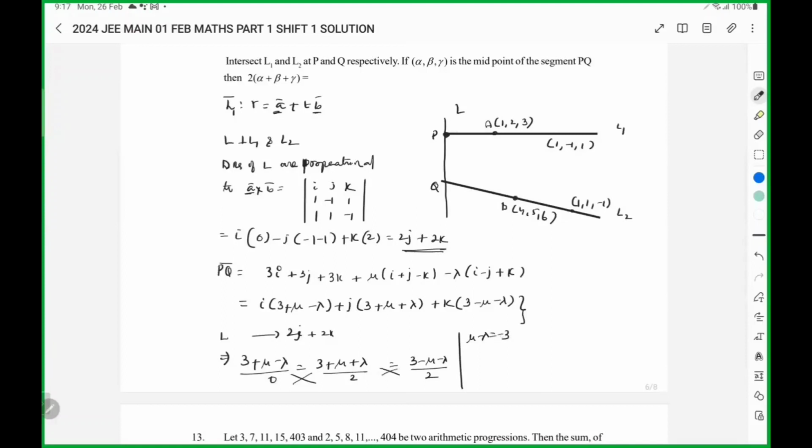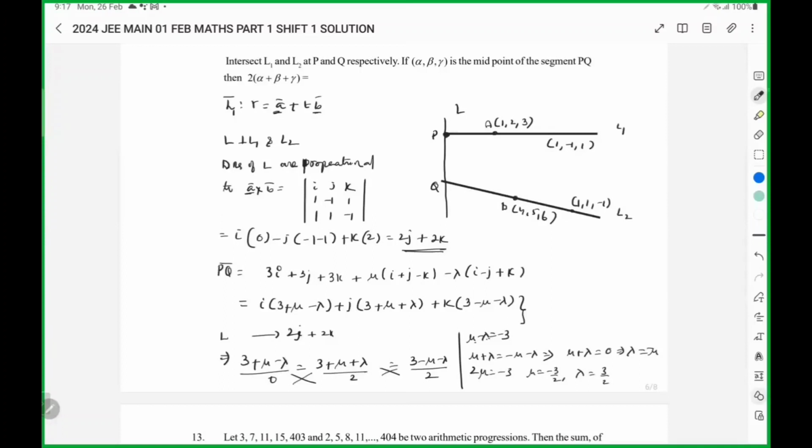If you simplify this, mu plus lambda is 0, so lambda is minus mu. So mu is minus 3 by 2, lambda is 3 by 2.